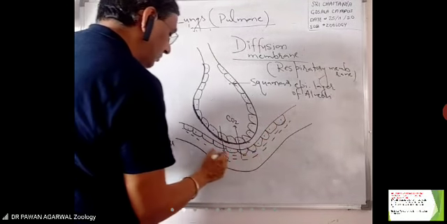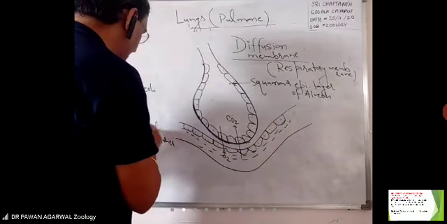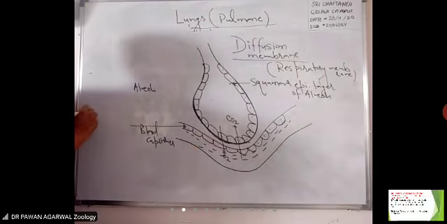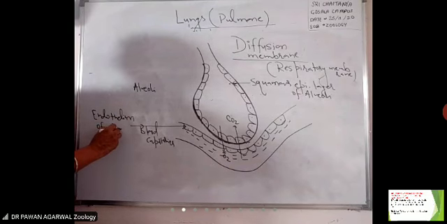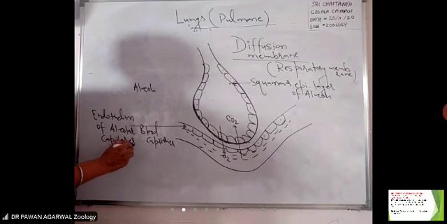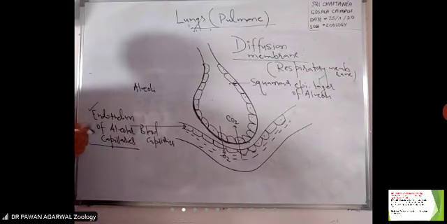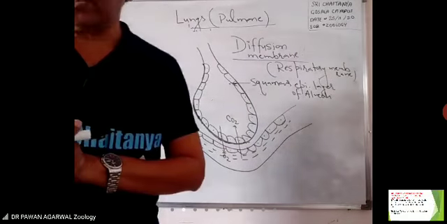Then it is known as the endothelium. This is the endothelium of alveolar capillaries, the capillaries which are related with the alveoli.